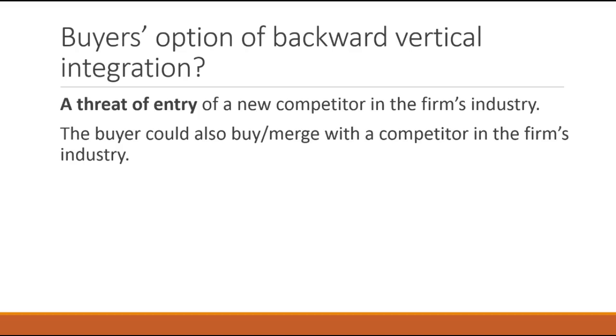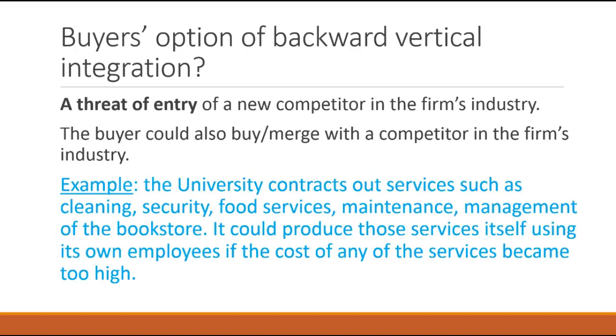Well, here's an example of the potential for backwards vertical integration. A long time ago, 30, 40 years ago, universities used to produce all of their own services, as I can remember. They used to hire their own cleaning staff.